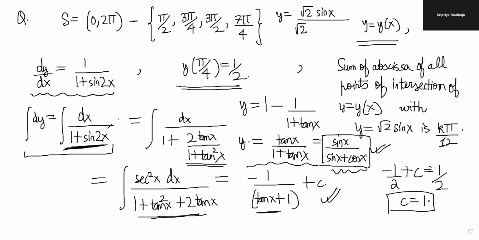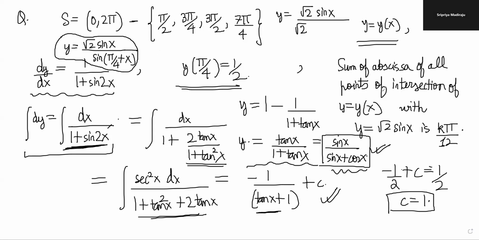This is my function. I can write this as 1 by root 2 into root 2. So 1 by root 2 sine of x plus pi by 4. So root 2 sine x by sine of pi by 4 plus x. That is my y.